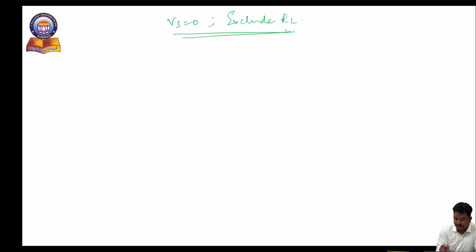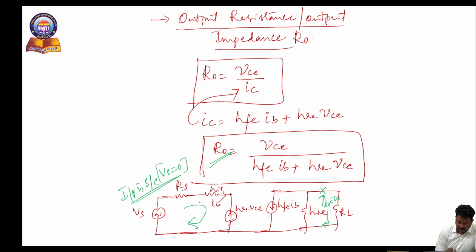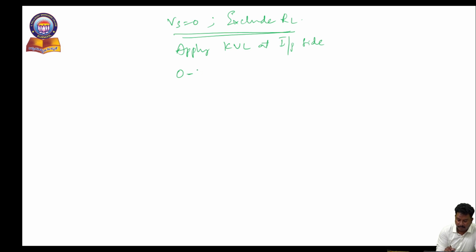By considering these two conditions and applying KVL at the input side, V_s is equal to 0, so the input current I_B flows through R_S and h_ie. So 0 is equal to minus R_S I_B minus h_ie I_B minus h_re V_CE.